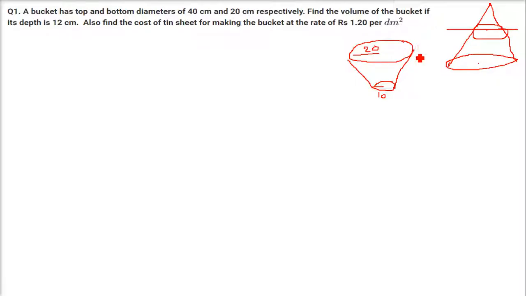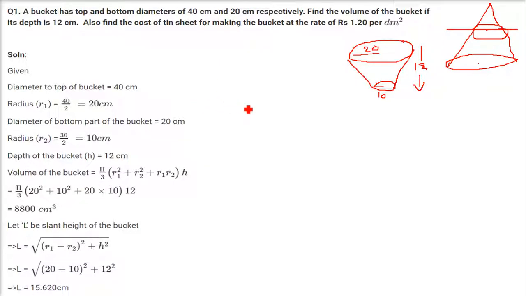Find the volume of the bucket if the depth is 12 centimeter. The depth is 12 centimeter. Volume has to be found out. Now we have the direct formula for this. The volume of a frustum, or you can say volume of the bucket, is given by the following, because it doesn't matter whether this is free or the sheet is there, the volume remains the same.